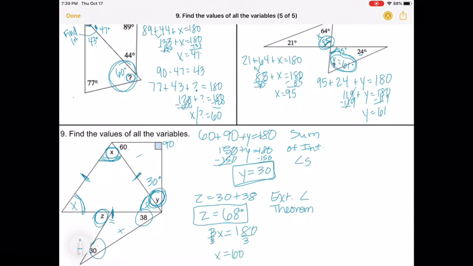So x equals 60 degrees. And like I was saying, if I were justifying on a proof or something, I would say, well, that's because it's an equilateral triangle, so all its angles are congruent.